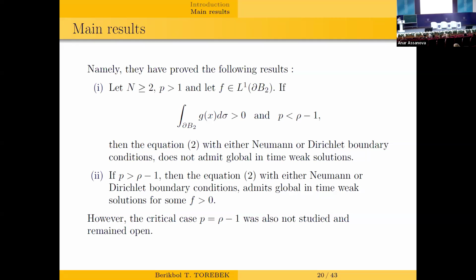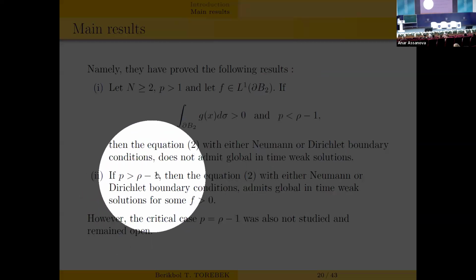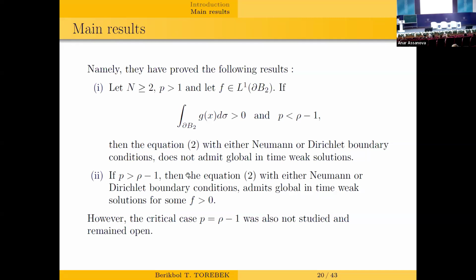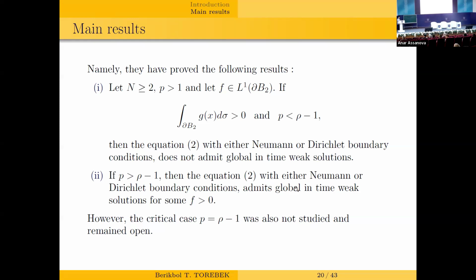It means we have blow-up solutions only. And if p is greater than rho minus 1, then the two considered problems admit global in time positive solutions for some strictly positive boundary function f. Here also by global solution, they mean a stationary solution of the considered problem. Here also the critical case was left open. They did not study this case.